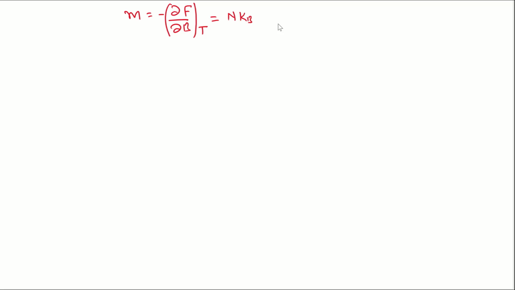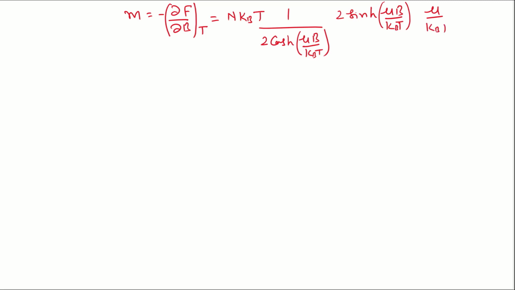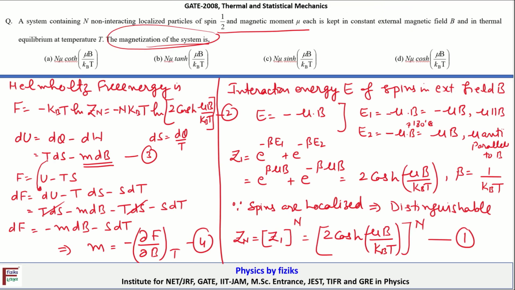N k_B T, and then 1 upon 2 cosh(mu B upon k_B T), and then again its differential, that's 2 sinh(mu B upon k_B T), and then multiply by mu upon k_B T. Here we have one negative sign, and an additional negative sign from the value of F in equation 2.